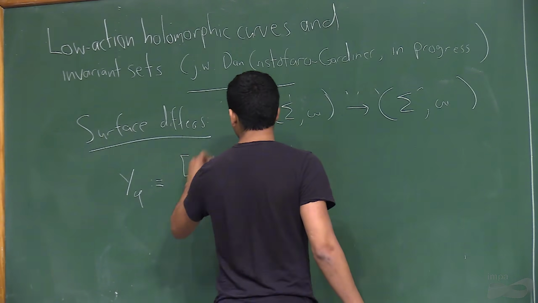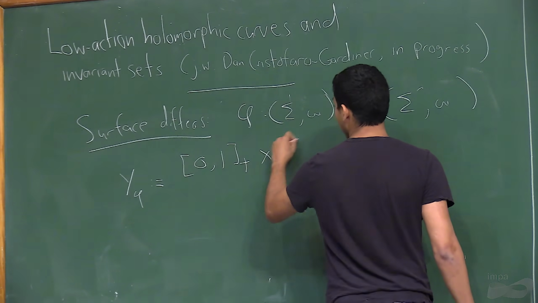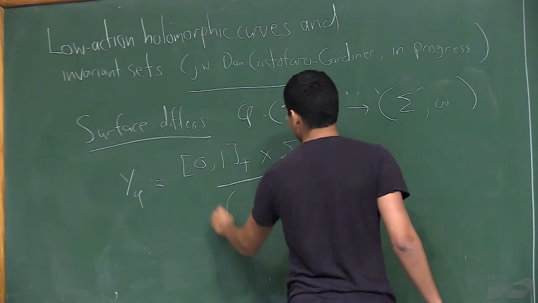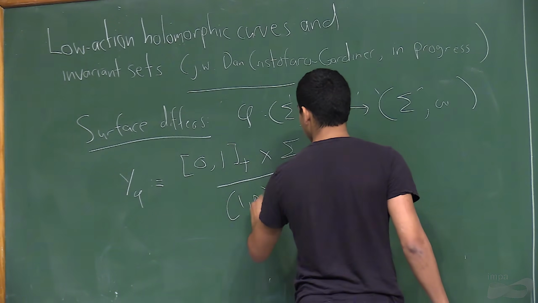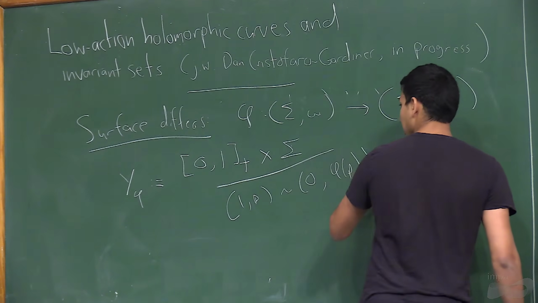So the mapping torus, you just take the interval across the surface and you glue the ends together by phi.